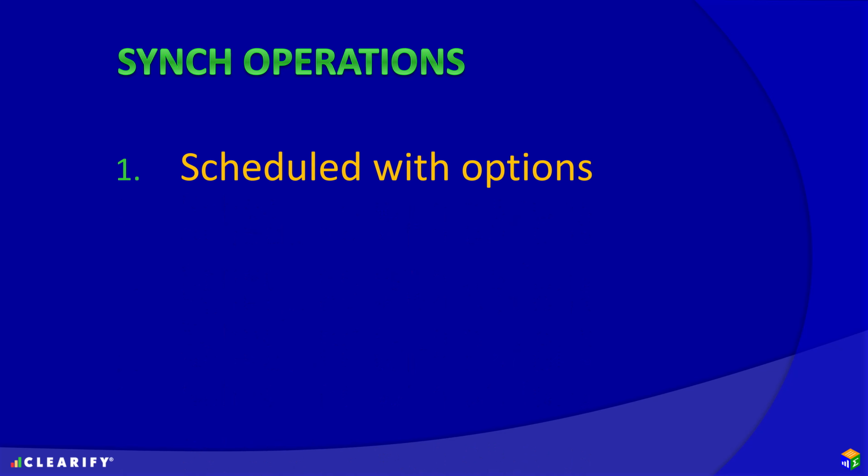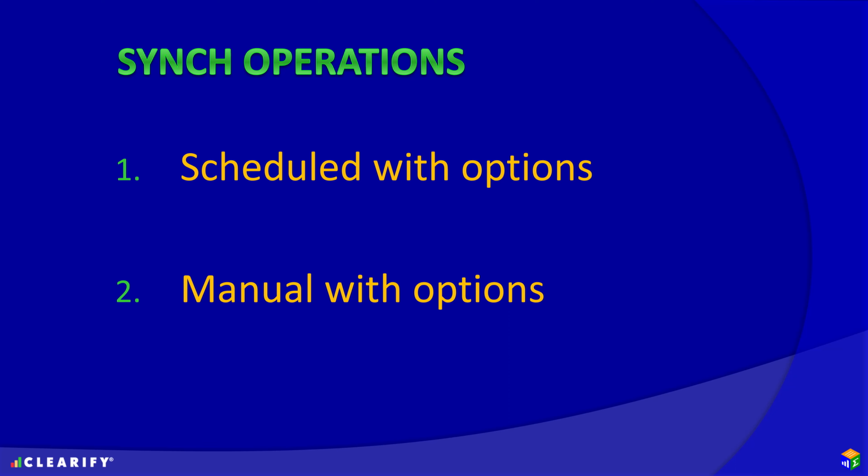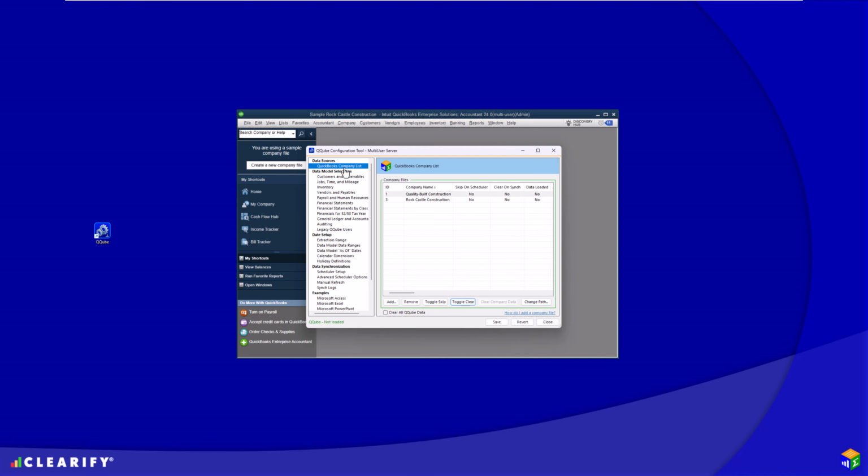The sync process can be handled in two different methods. First, you can use a scheduler, which has options, and then you can do a manual on-demand sync that also has options. So let's look at several of these sync options. Under the QuickBooks Company list, we have options for individual QuickBooks files, and they can be toggled to say yes or no. The skip on schedule is helpful if you have a QuickBooks file that you no longer use but has historical data in it.